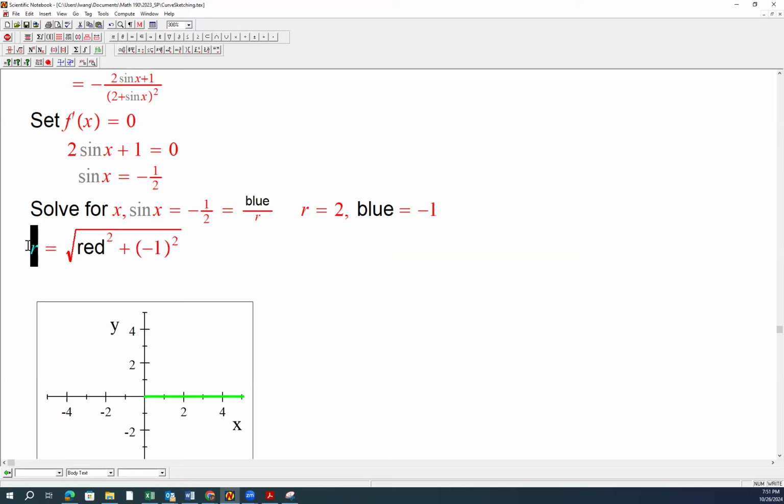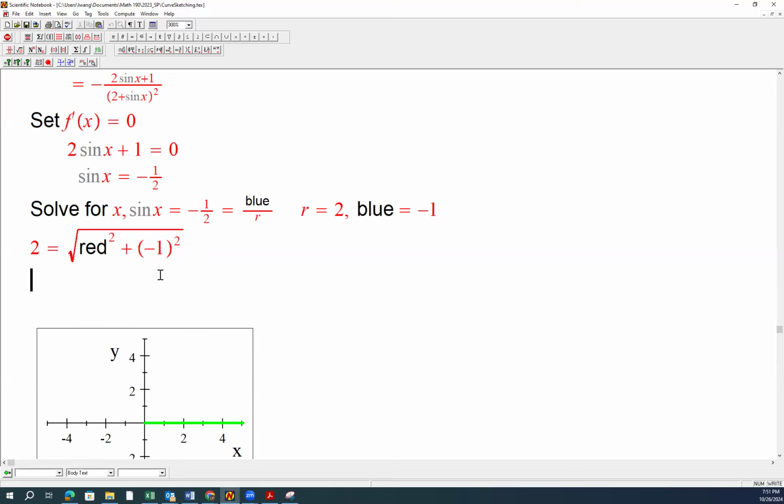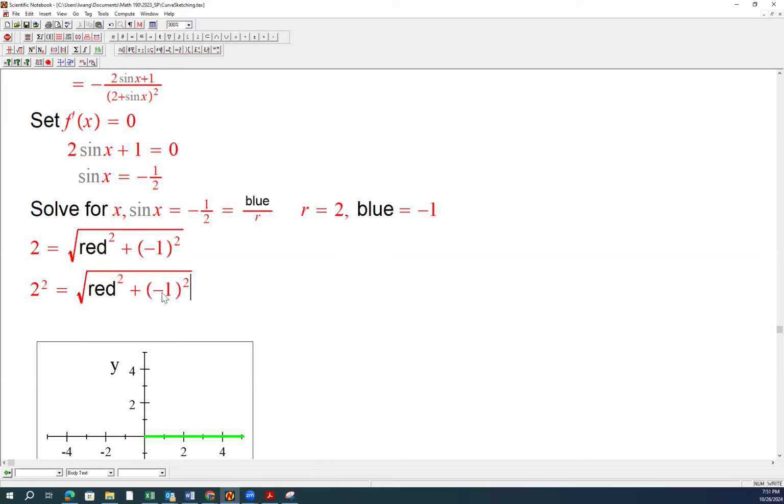But we don't know what red equals. We know R is 2, so let's solve for red. We square both sides. 2 squared is 4, equal to red squared plus 1.